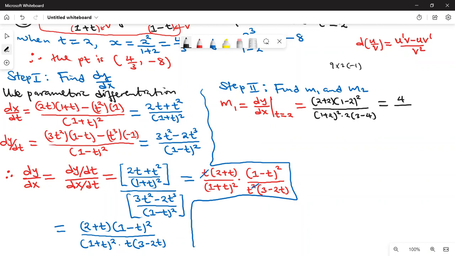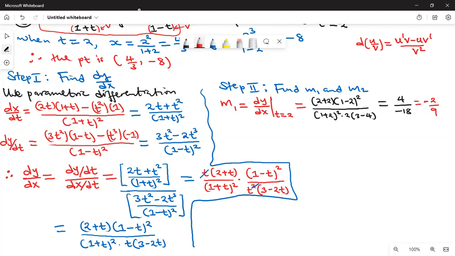So that is negative 18. If you simplify, you are going to get negative 2 over 9. So that is our m1.